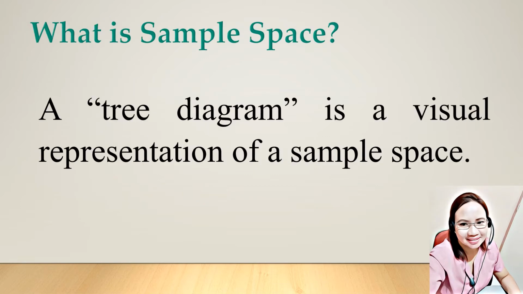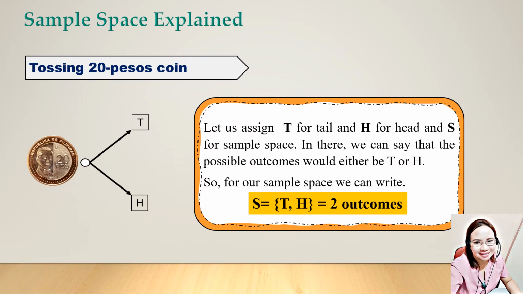Let us try to understand a sample space through the use of a tree diagram. A tree diagram is a visual representation of a sample space. Let us use a tree diagram to illustrate tossing a 20 peso coin once. Kapag nag-toss tayo ng coin, dalawa ang posibleng outcome. It's either head or tail.